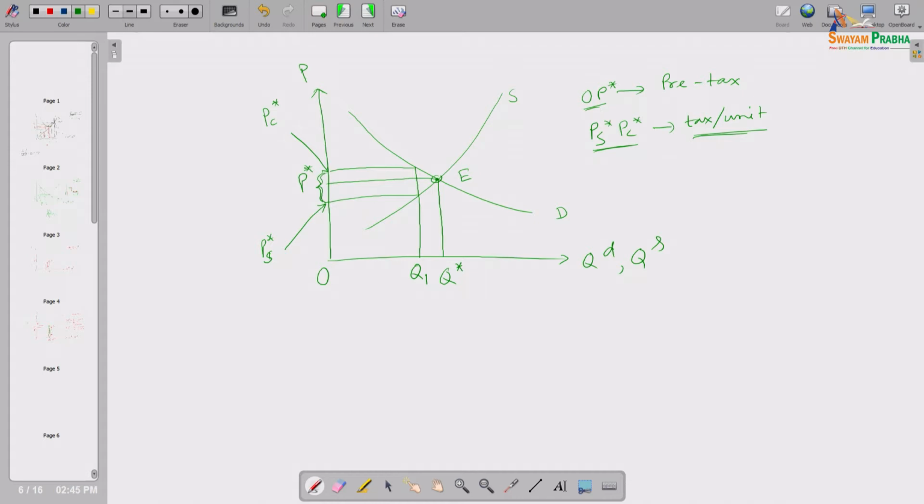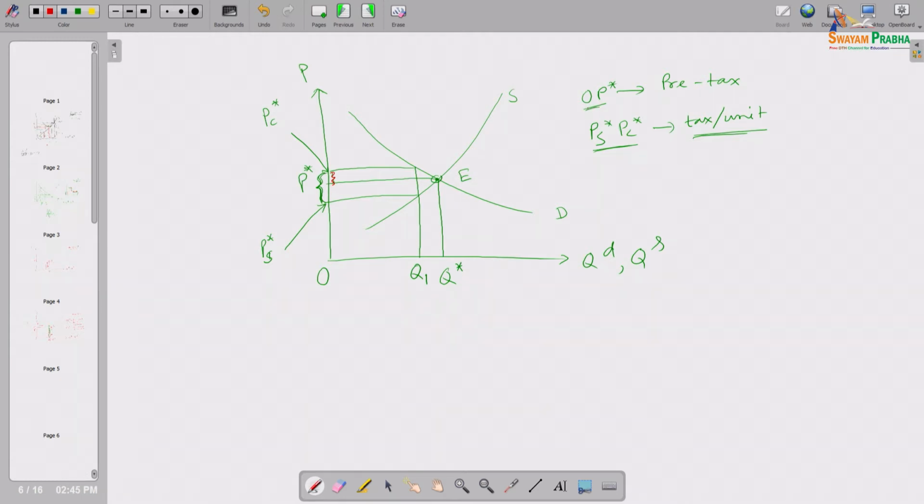Pre-tax they are paying this much. So, if this distance is the tax amount, this distance is a little bit less than that. Actually, that is the increment in the price customers are paying now.